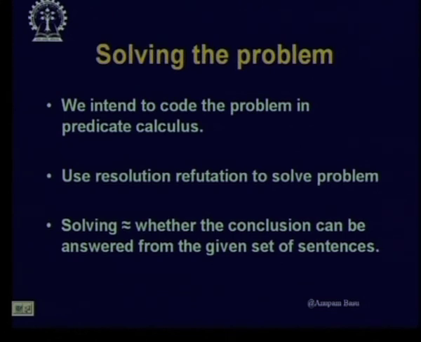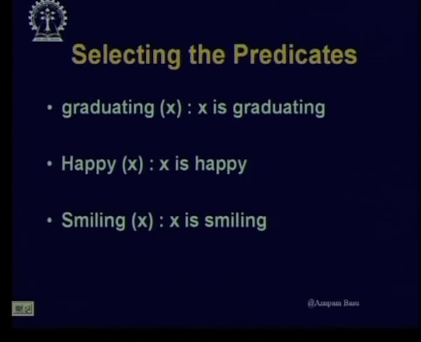Now, in order to capture the sentences that we had shown just a few minutes back, we will have to first convert them in the form of predicates. So, let us select some predicates.